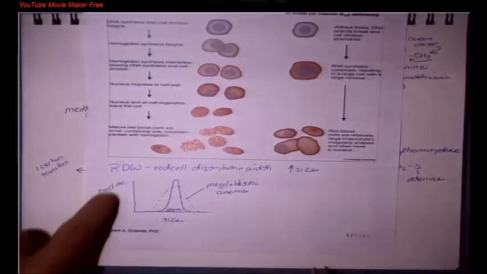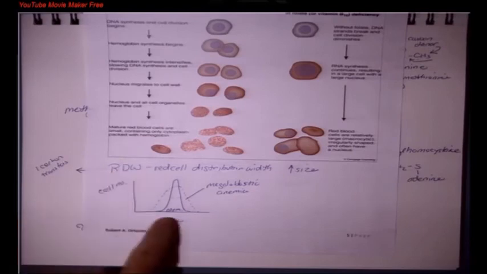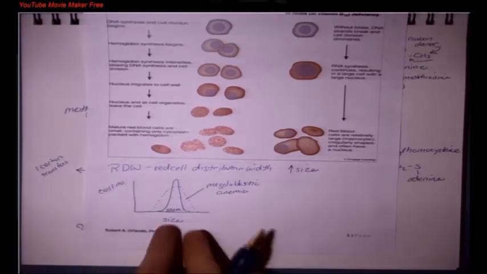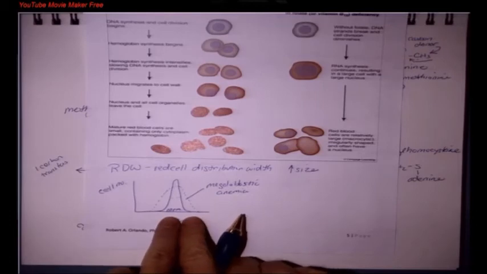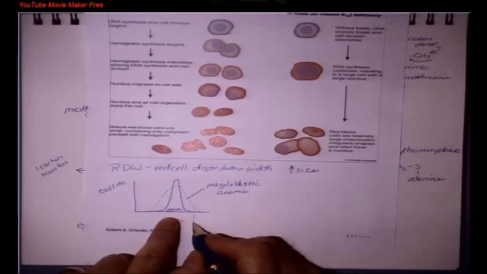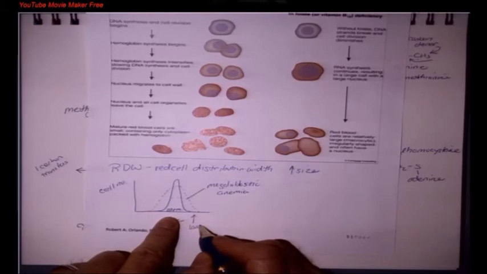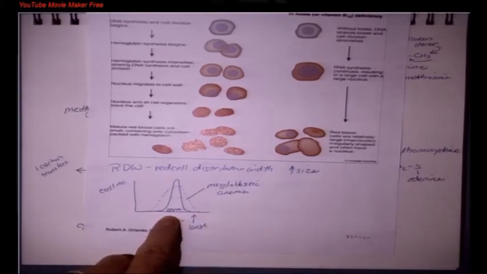Our RDW, our red cell distribution width, is going to be expanded. And that's because now we have cells of various size, especially the large ones here. So that's one of the values.